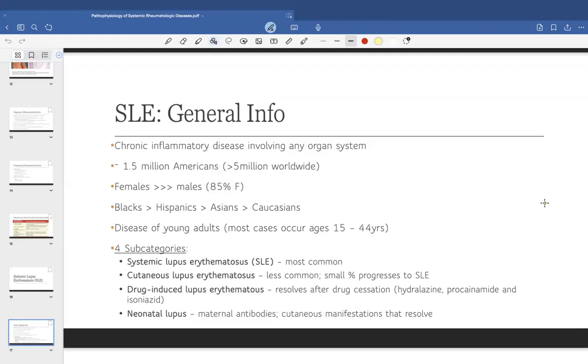There is a drug-induced lupus. If you stop the drug, all the lupus syndrome symptoms and signs go away. Okay, drugs known to induce this lupus syndrome are hydralazine, procainamide, and isoniazid.